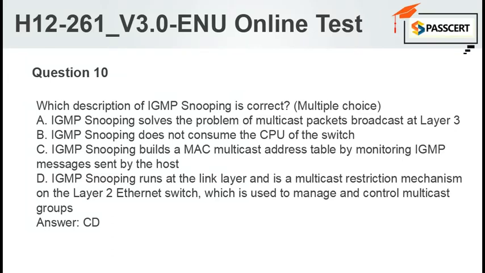C. IGMP snooping builds a MAC multicast address table by monitoring IGMP messages sent by the host. D. IGMP snooping runs at the link layer and is a multicast restriction mechanism on the Layer 2 Ethernet switch, which is used to manage and control multicast groups. Answer. CD.